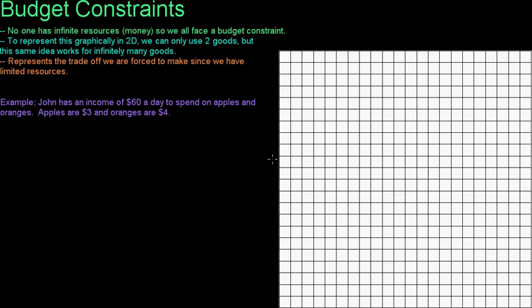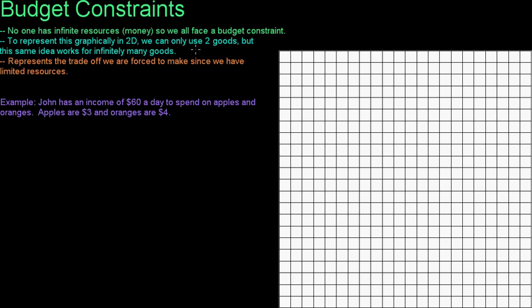So in economics, we do define budget constraints for any individual consumer. All that a constraint says is this is all of the different things that you can buy given your finite amount of income, given your finite amount of resources. To do this in two dimensions, we only can use two goods, but the same idea does work for infinitely many goods.